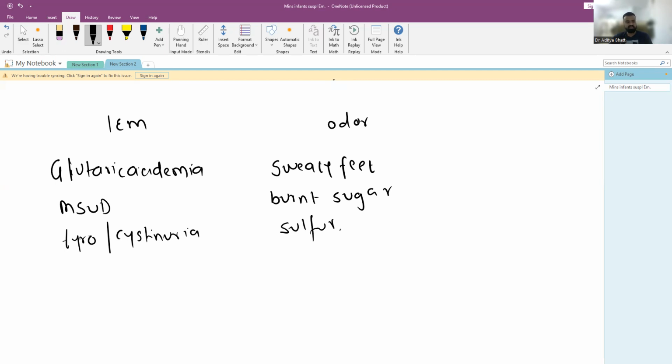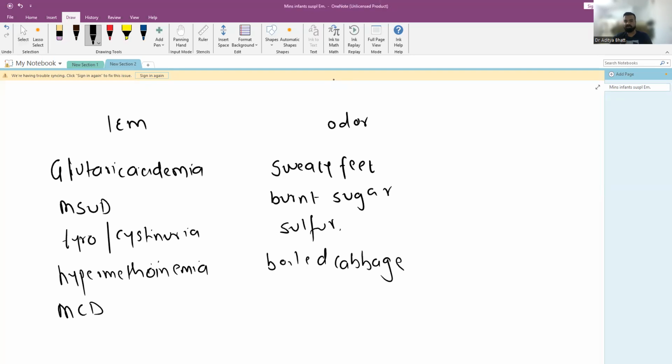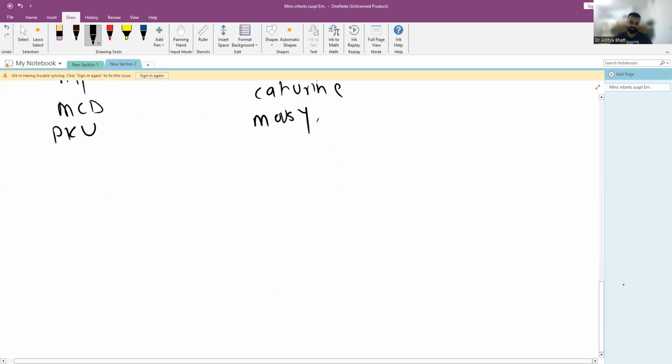Then hypermethioninemia has a boiled cabbage smell, while the patients with multiple carboxylase defect, or holocarboxylase defect, have a cat urine smell or tomcat odor. Phenylketonuria has a mousy smell. And this is what you need to remember, that these are the common pointers.